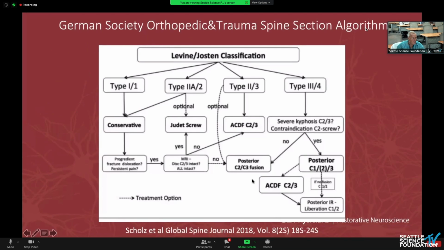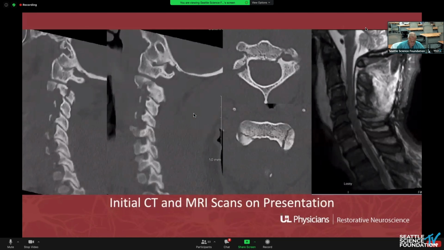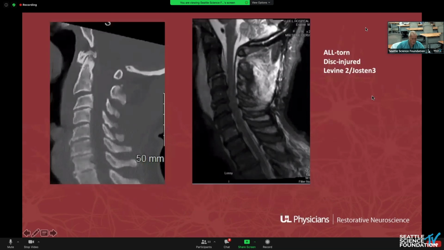So based on all of this, let me show a couple more cases, and we can then see what pearls we learn from these. This next case is a 69-year-old who had an MVA and was neurologically intact with a disc fracture here. You can see on the MRI there is an injury of the disc and ALL with some angulation.